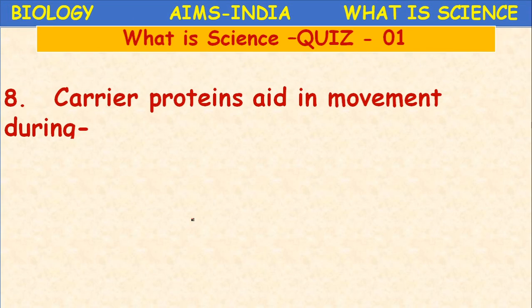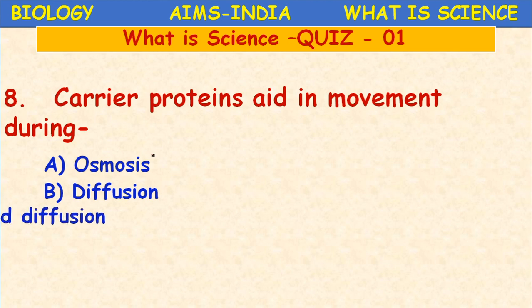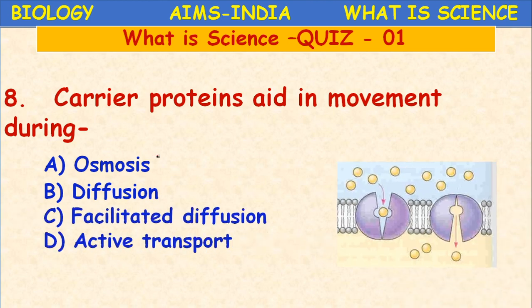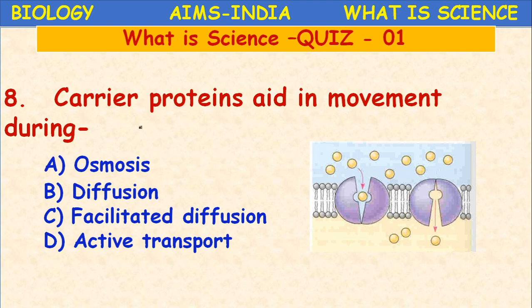Next, carrier proteins aid in movement during osmosis, diffusion, facilitated diffusion. Here also it is an image based question. The carrier proteins are special protein structures. The carrier proteins aid in the movement during... So what is this process?